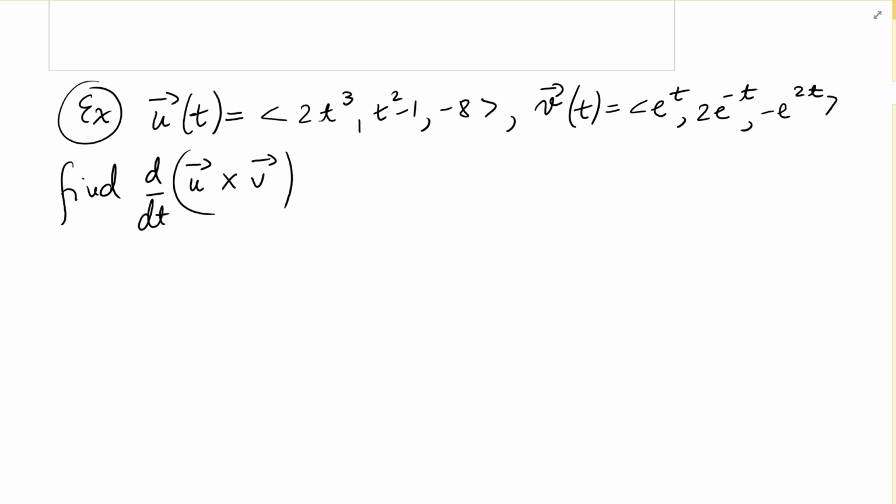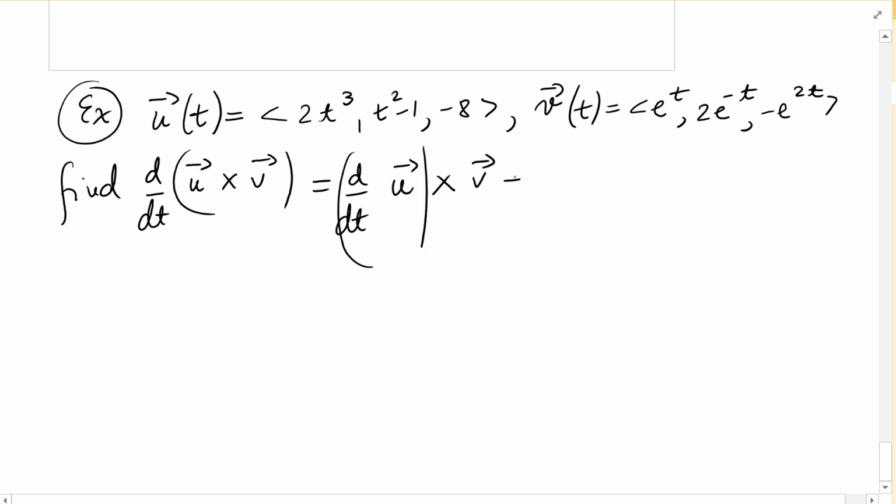Okay, now let's solve this problem where we have u and v, and we want to find the derivative of the cross product. So the derivative of the cross product is d/dt of u cross product v plus u cross product d/dt of v.